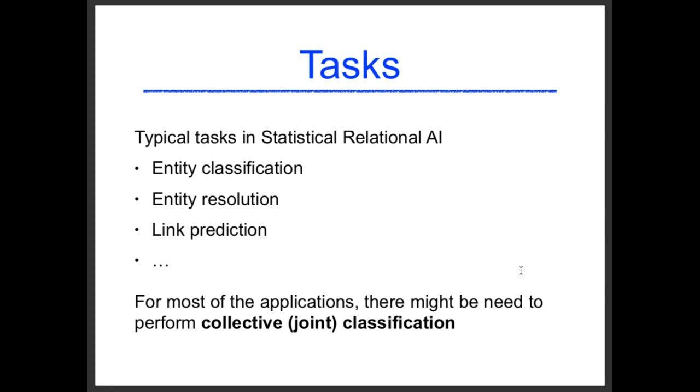It's interesting that for most of these applications, it would be interesting to perform what is called collective classification, joint classification. So if you want to predict, for example, whether users in a social network are spammers, of course, you can treat the examples as independent, but you may not want to.